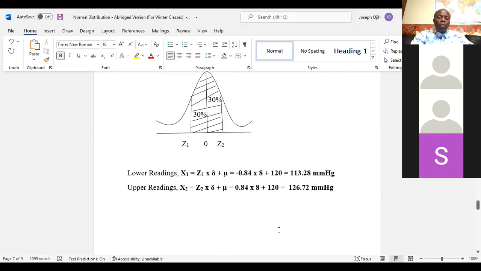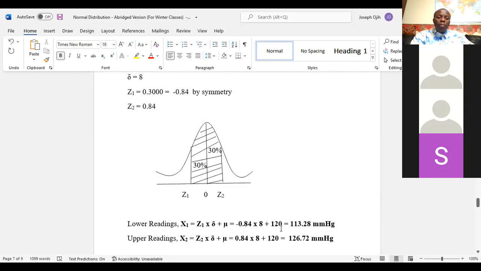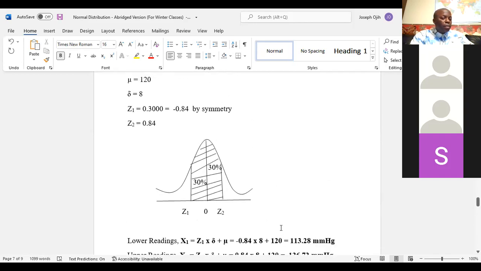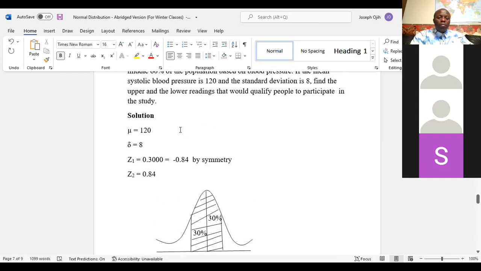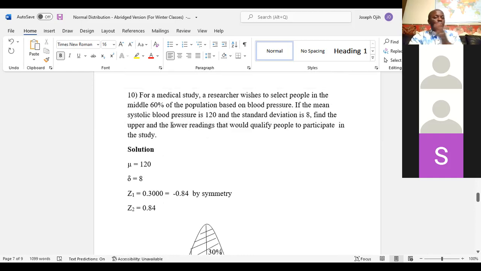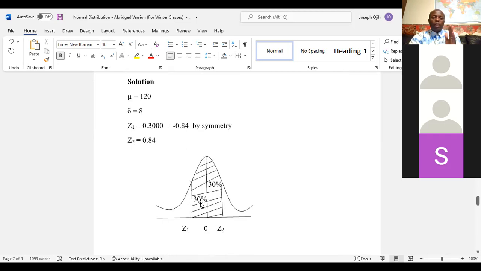Professor, before you exit, do you think we have enough time to go over how you use that table? How did you use the table to find Z? Oh, this, they give us the probability to be 60%. So the left side and the right side, the two of them combined form 60%.